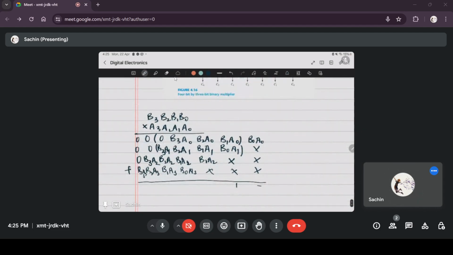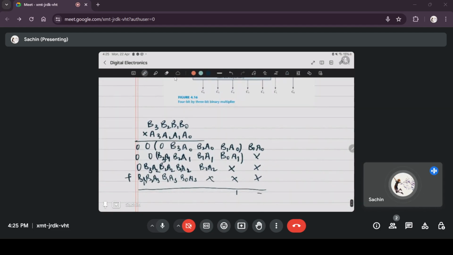Then they'll take whatever sum you get there. They will ignore the LSB of this sum, and the sum of this part with a 0 or with the carryover they will add to this part.